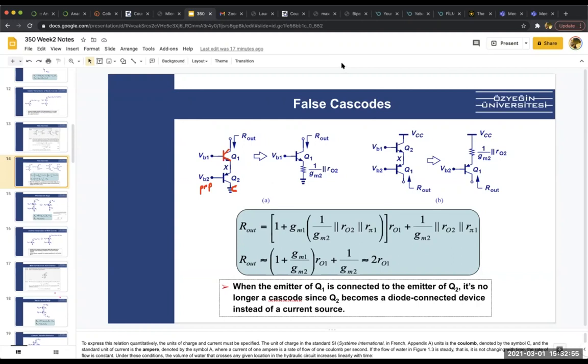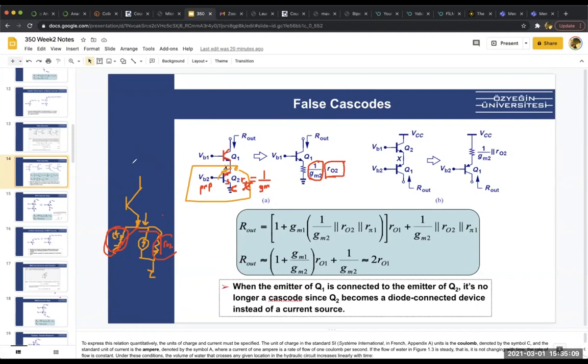Oops. I will be seeing 1 over gm. I will be seeing this impedance here. So what matters is you want a collector here, not an emitter. We don't want to have 1 over gm here. We want to have RO2 here.